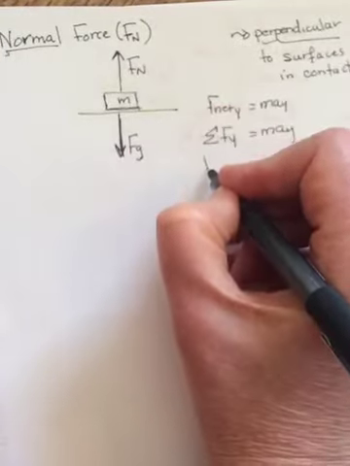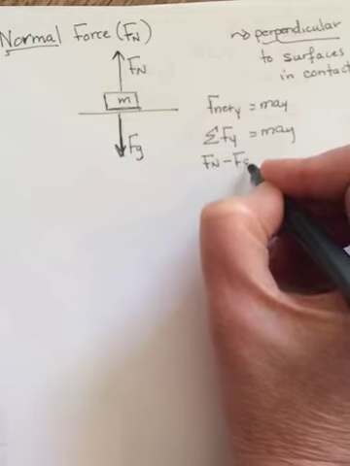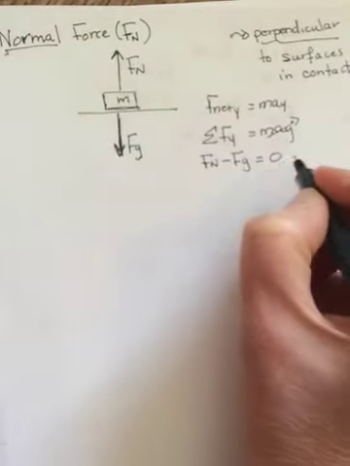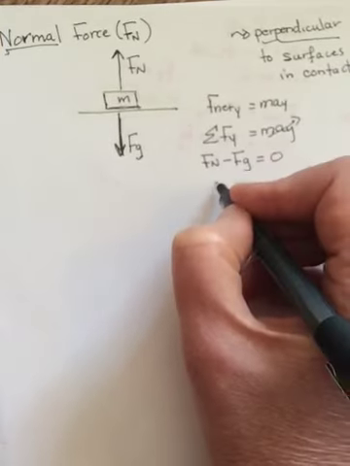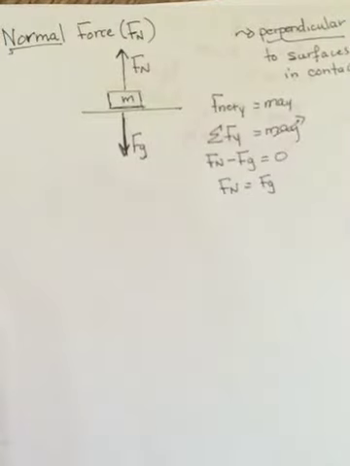So if we did the sum of the forces, it would be Fn going up minus Fg going down, and because the box isn't moving, the a is 0, so the ma is 0. So Fn will be equal to Fg, okay?